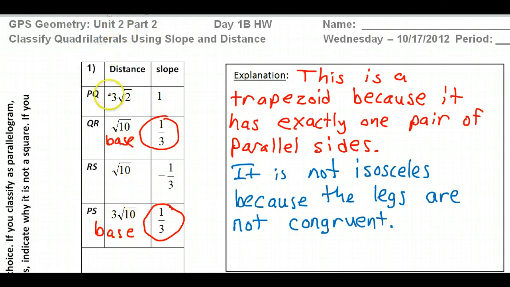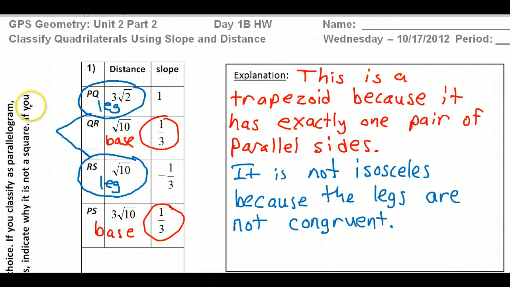If these are the bases, that means these are the legs. Like PQ is a leg, and RS is a leg. So you can write this sentence like this, or you can just mark it on your picture, okay, on your chart. If I circle these, then I can simply write not isosceles.